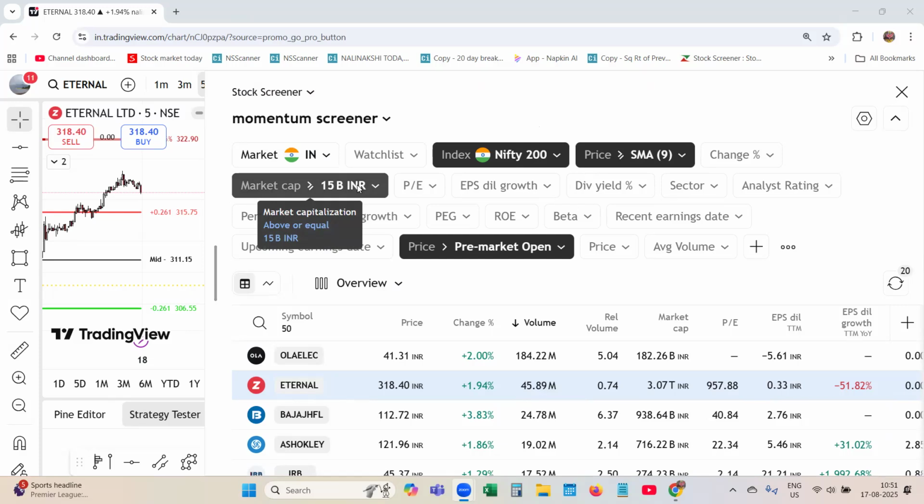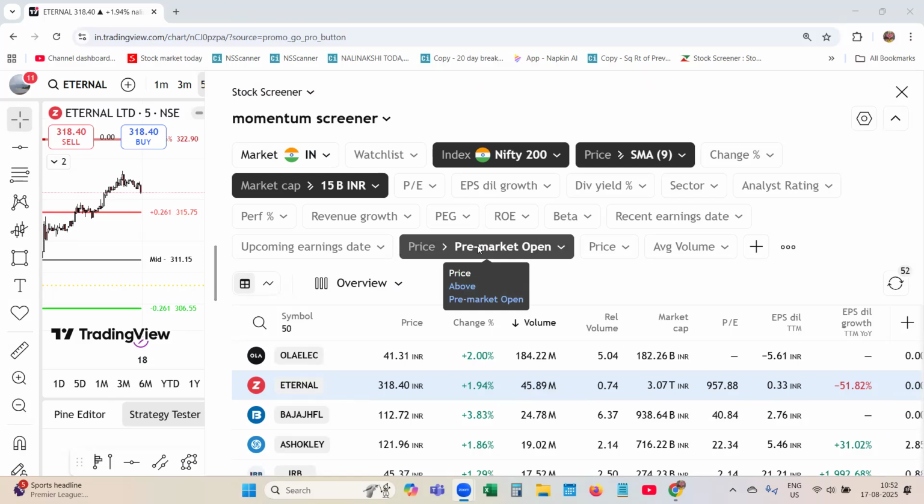That's what I needed. I want stocks with a market capitalization above that, so that liquidity will be very good for me. And now in this price section, I've added only one condition. Price should be above the pre-market open. That's it.